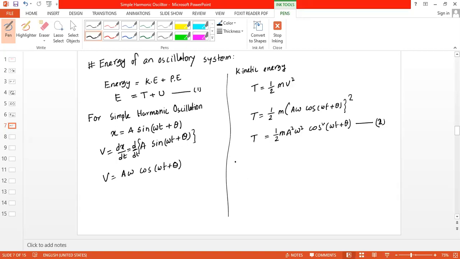Now we know that potential energy is defined as the negative of work done. So potential energy U equals minus W, and work done for a variable force is integral of F dot dx, which we have probably seen in some class. This is how the potential is defined.